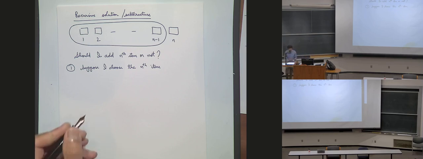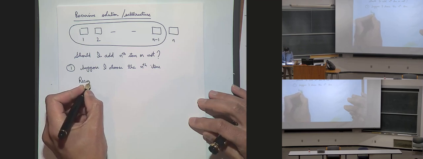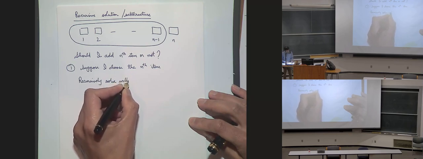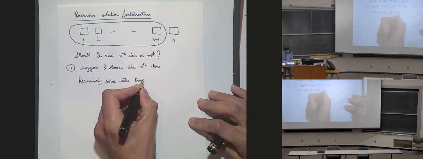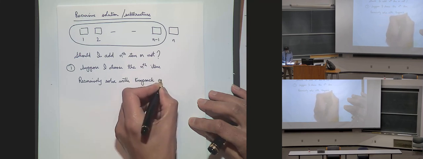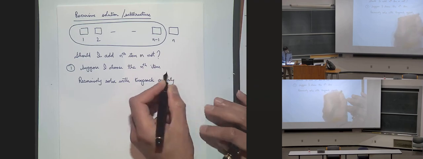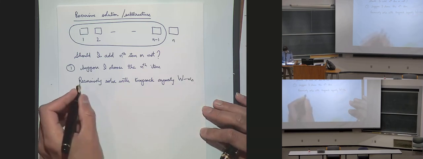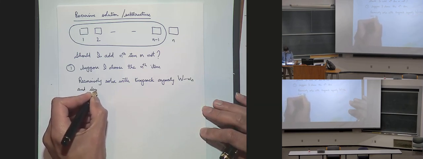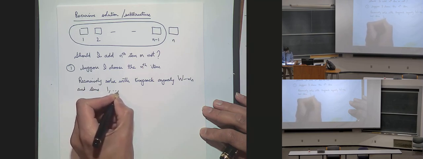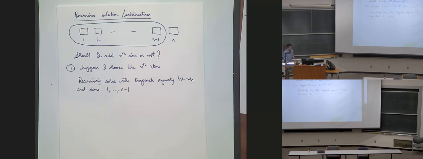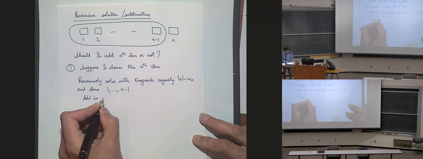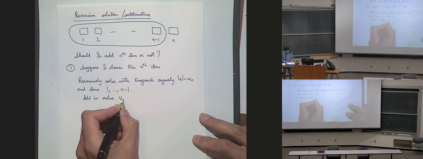So what I can say is, recursively solve with the knapsack capacity W minus the weight of n, and the items 1 going to n minus 1, and then add in the value Vn.